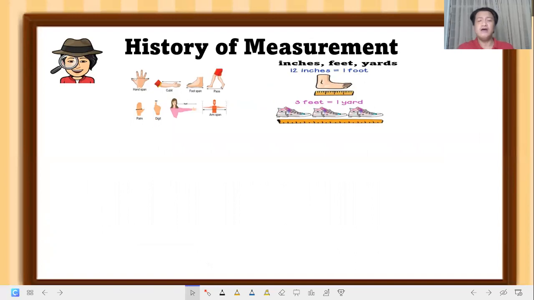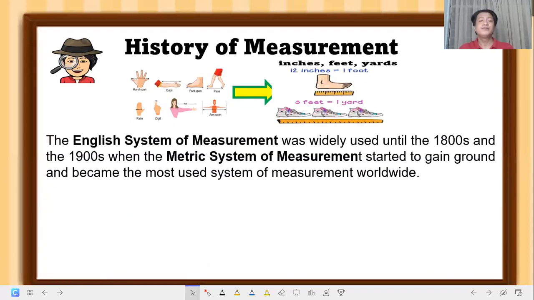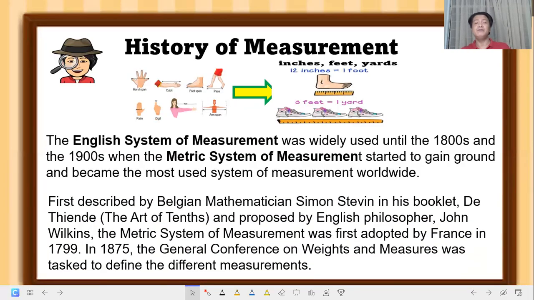Okay, and we have this one. The English system of measurement was widely used until 1800s and then 1900s when the metric system of measurement started to gain ground and became most used system of measurement worldwide. Okay, so napalaganap na po yan sa buong mundo.